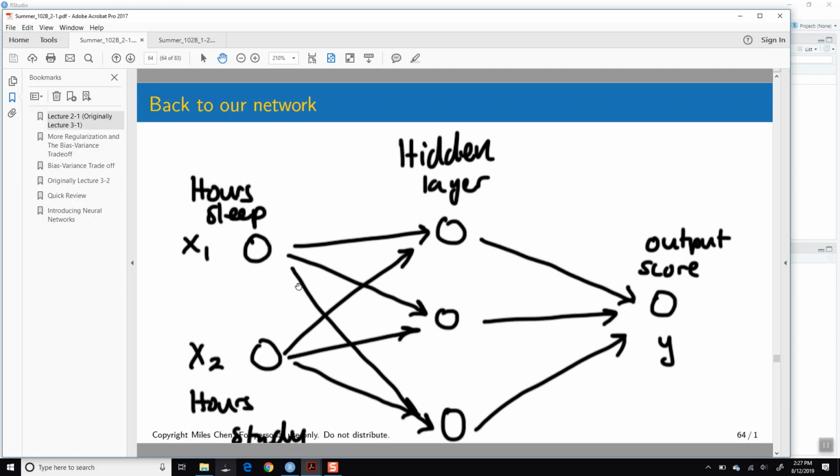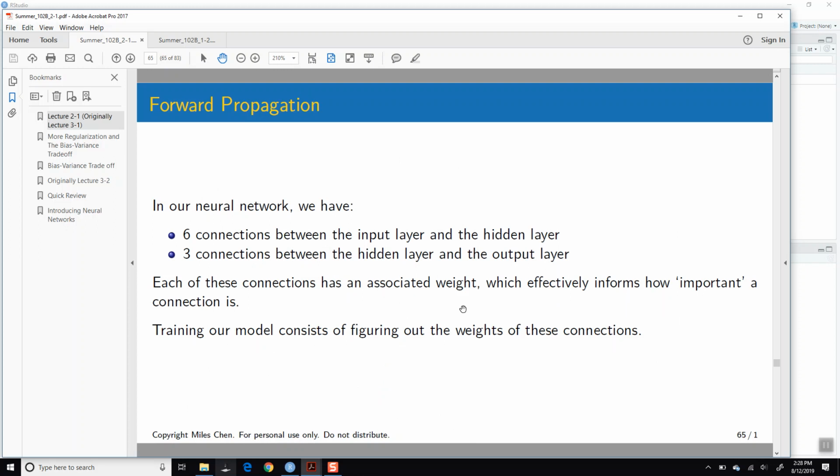We've got 2 nodes over here and 3 over here, so we've got 6 connections: 1, 2, 3, 4, 5, 6, and we've got 3 connections here. So we're going to have 9 coefficients to figure out. Each connection has a weight, and training the neural network is figuring out what these weights should be. That's what training the neural network is all about.